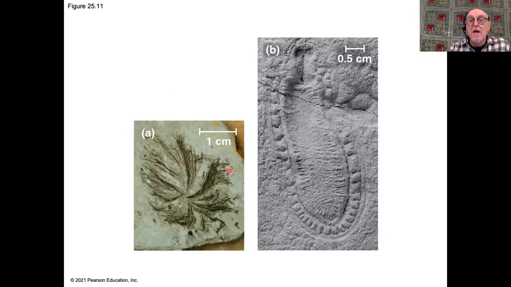Here, for example, this is in the Archean, and this is actually a red alga, and it is fully multicellular. If you look at it microscopically, it's a fairly complex multicellular organism, but it's a red alga.